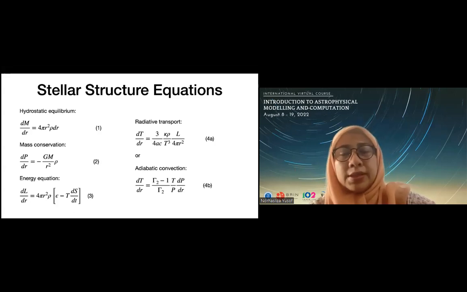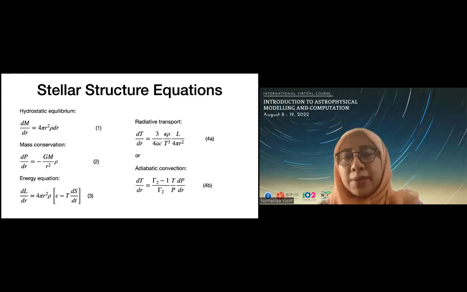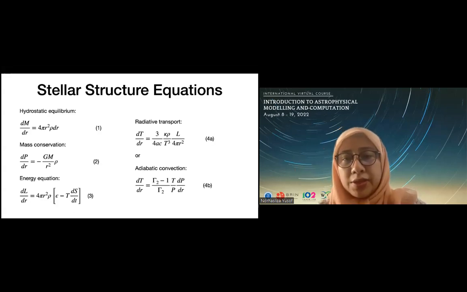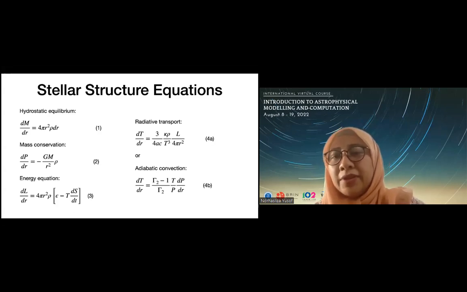So this is one thing that we have to consider when we want to calculate the stellar structure. All the stellar structure is actually in differential equations: dm over dr, the rate of pressure, the luminosity, the temperature, and so on. All these are in differential equation form, meaning that we treat everything as 1D.